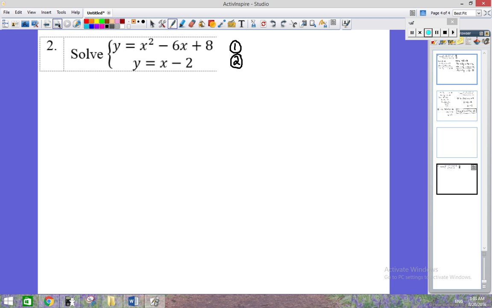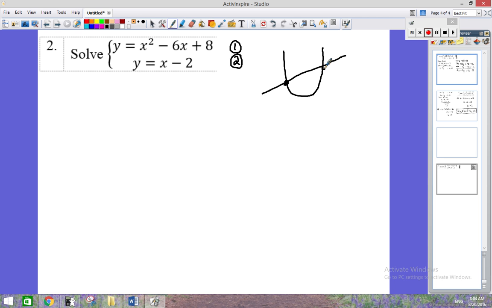And this time we have a second degree on this x term. That's a quadratic equation. Now, this equation number 2, that's a line, that's linear. So what we suspect is that we're going to have a parabola, and it's likely that this line is going to intersect that parabola. If it doesn't, it'll be no solution, but it's likely to intersect it in two places.